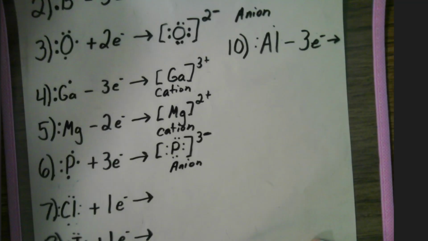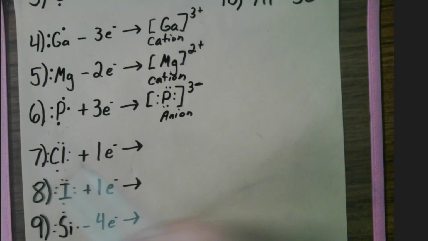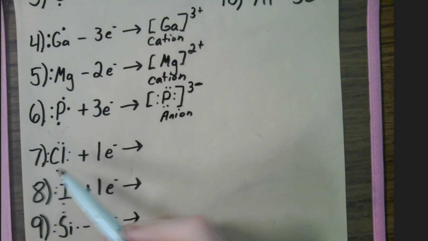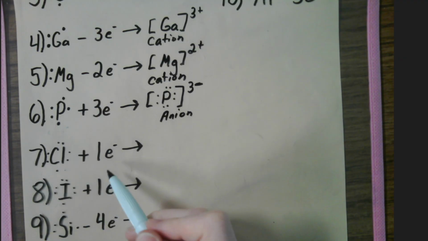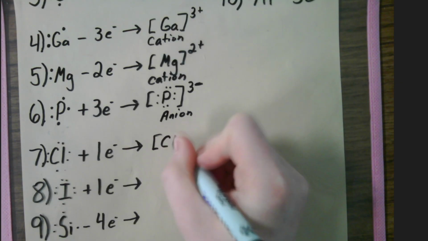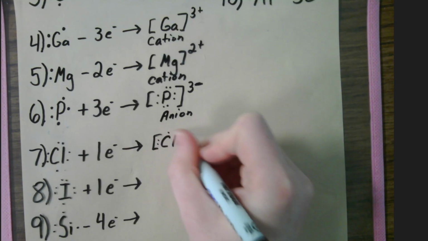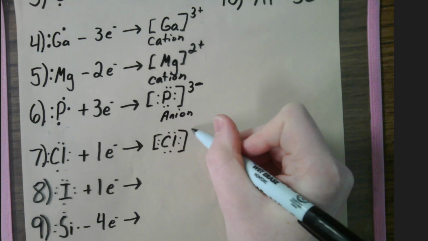This next one, chlorine. Chlorine currently has 7 valence electrons. We're going to add another negative electron. It's going to be chlorine with our dots. It's going to fill up. And that's going to be a negative.